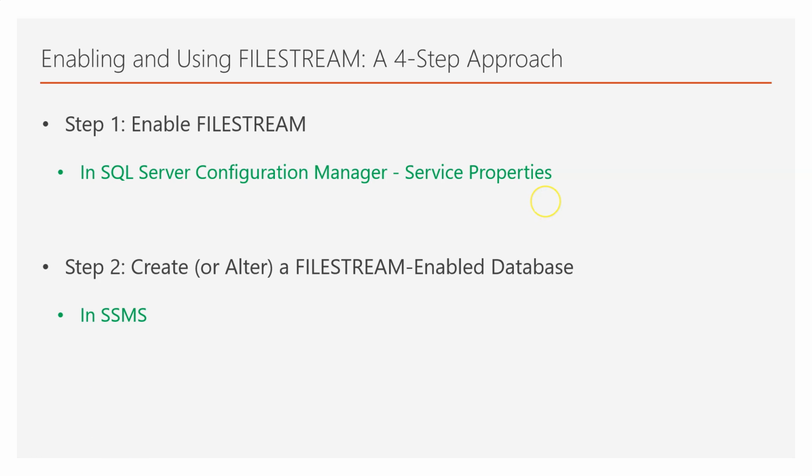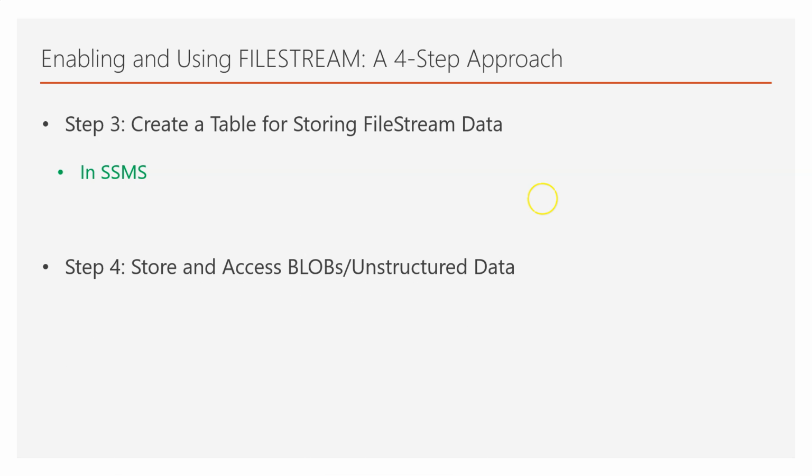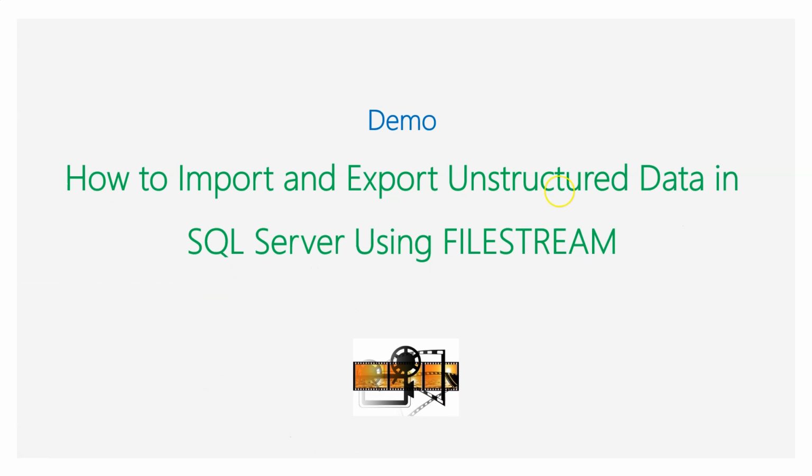You do that in SSMS. The third step is to create a table for storing FILESTREAM data. Again, you do that from SSMS. The fourth step is of course to store and access blobs and unstructured data. You use T-SQL to store this data in SQL Server, and you can use either T-SQL or the file system directly to access this data.